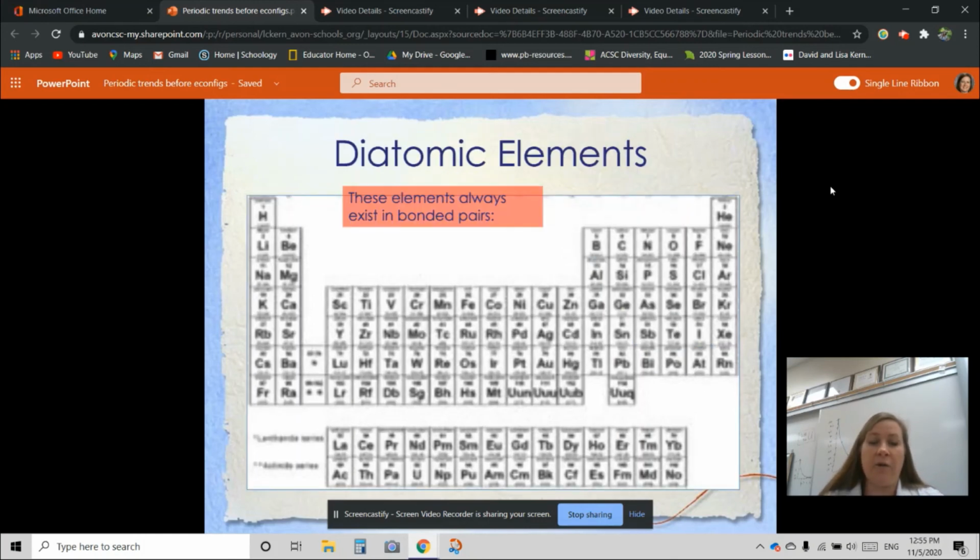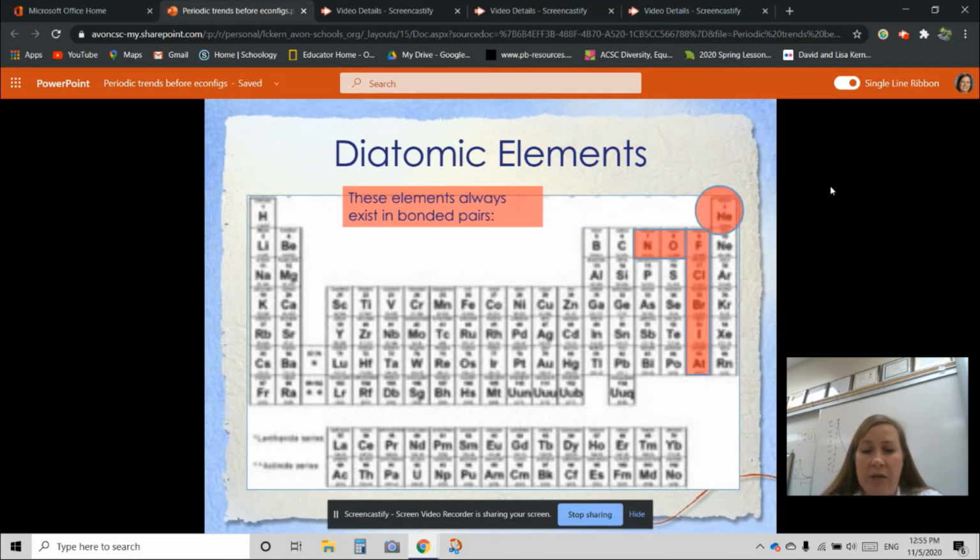All right, then there are a group of elements that are known as the diatomic elements. These always exist in bonded pairs, so you would never write them alone. So like you'd never write an oxygen atom, just O, by itself in a chemical reaction. You'd always write O2. You're probably familiar with O2 for oxygen. So you got nitrogen and oxygen. You've got all these over here.